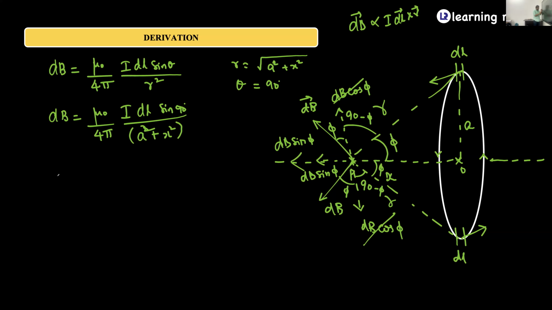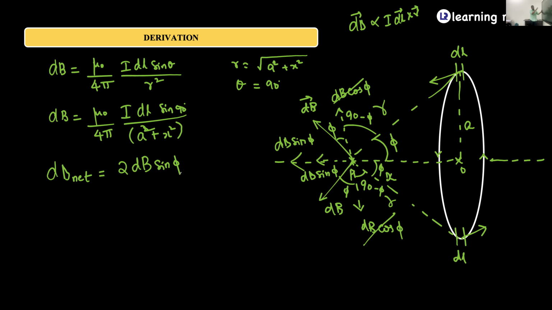So the net magnetic field here is going to be equal to 2 times dB sin phi.